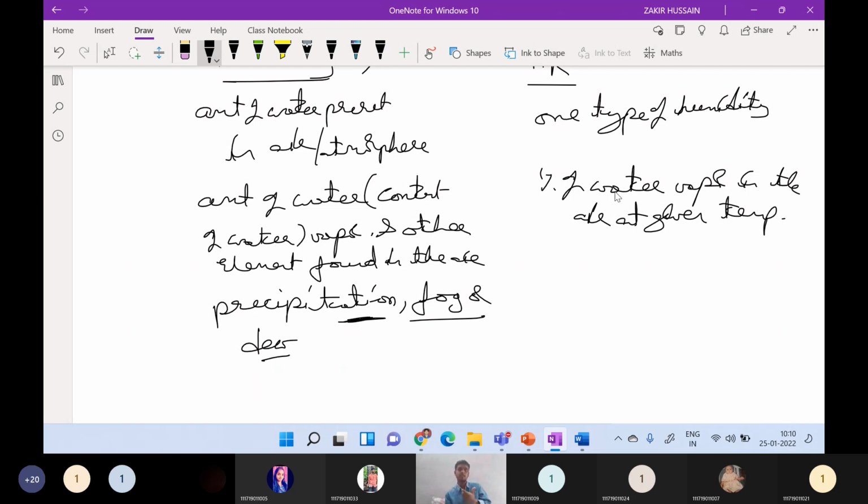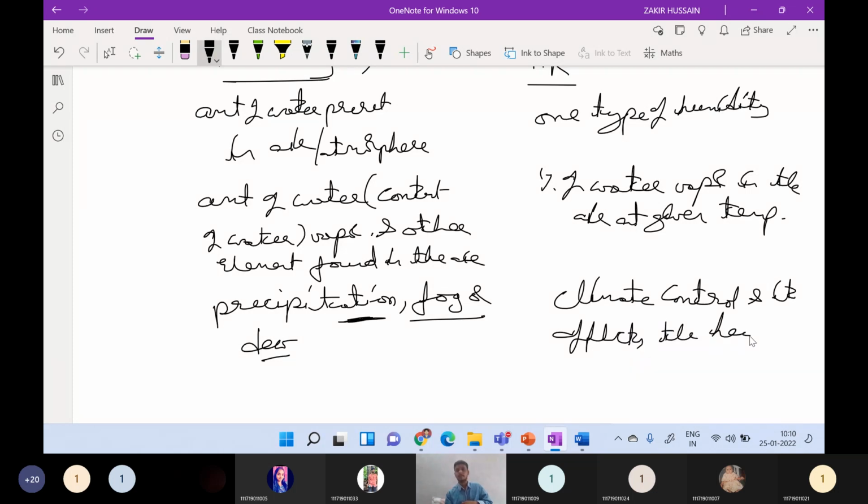Then what is the use of relative humidity? Relative humidity is used for climate control. It affects our health, our comfort and the safety of humans.